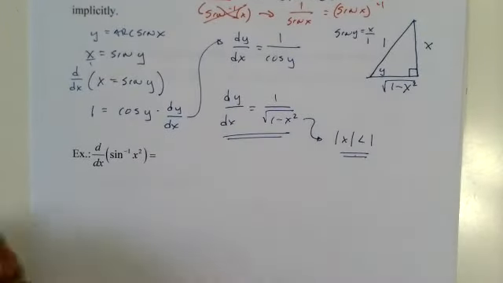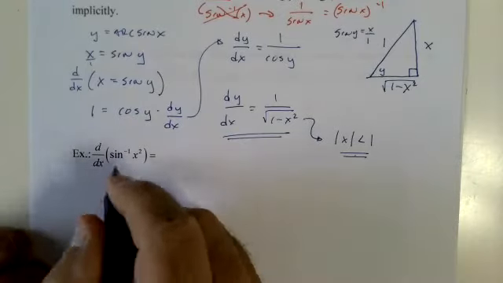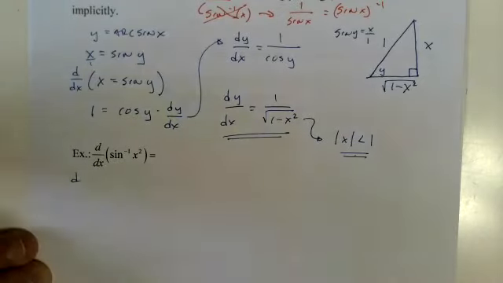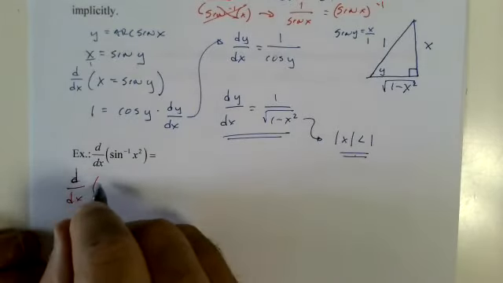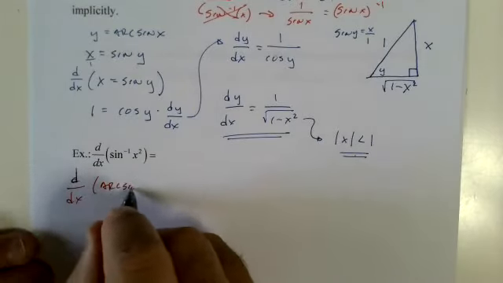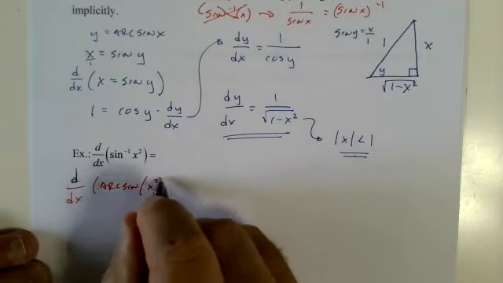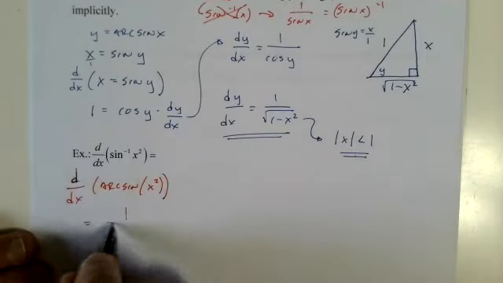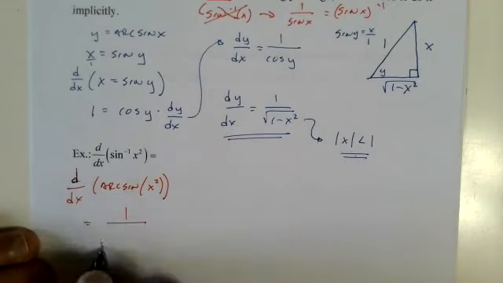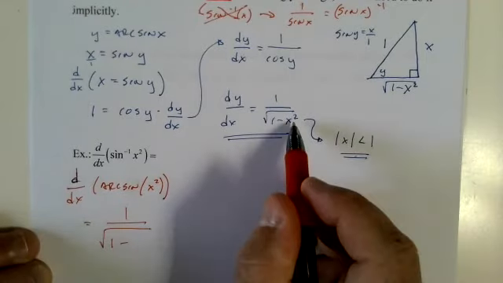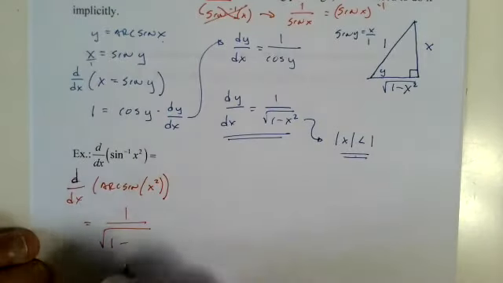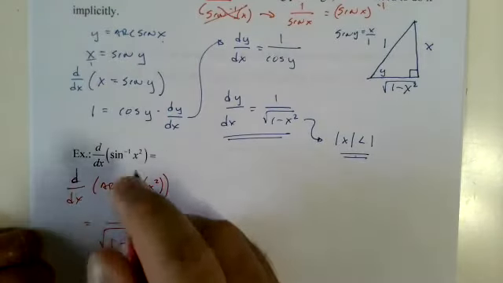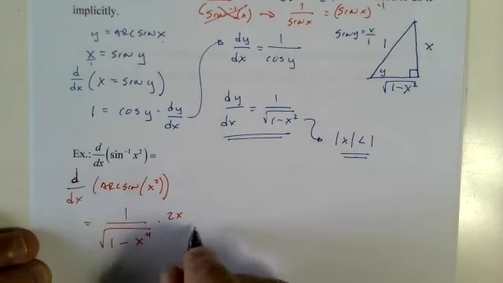So, just said I wouldn't do this and I did it. You'll notice I do that often. d/dx of arc sine of x squared equals 1 over, now careful here, square root of 1 minus whatever's inside here squared, x to the 4th, times, chain rule, 2x.